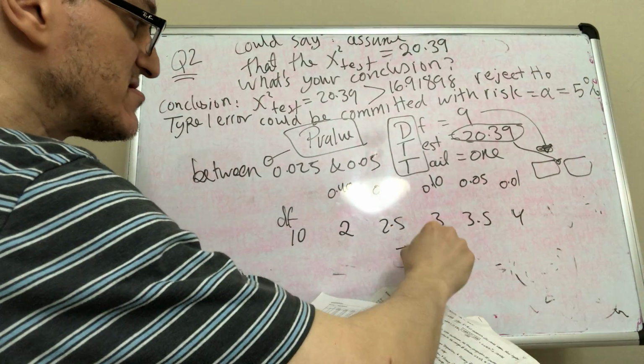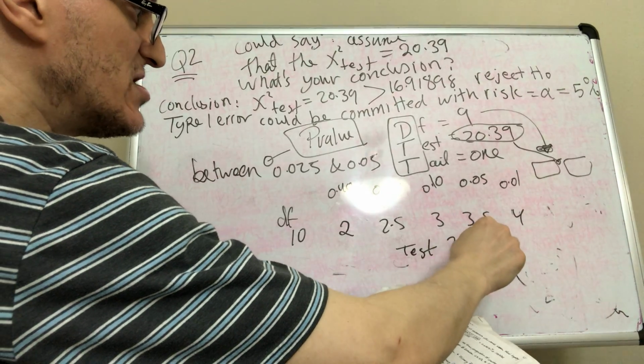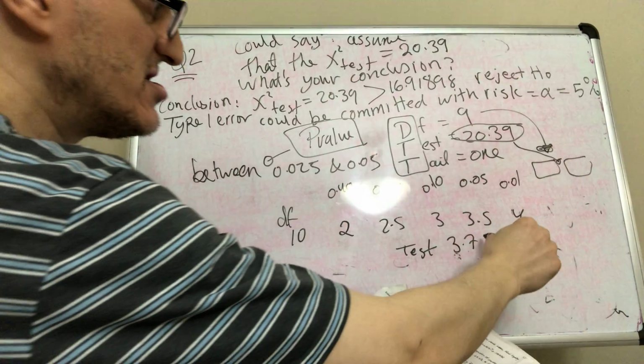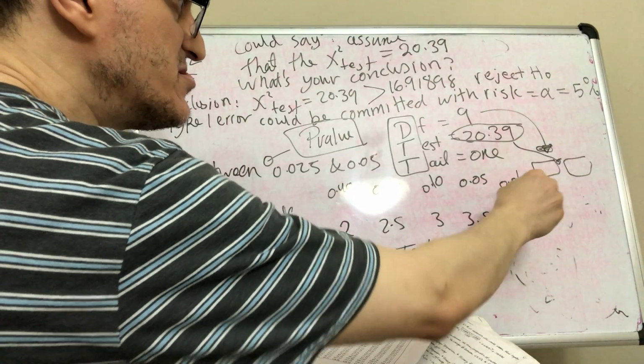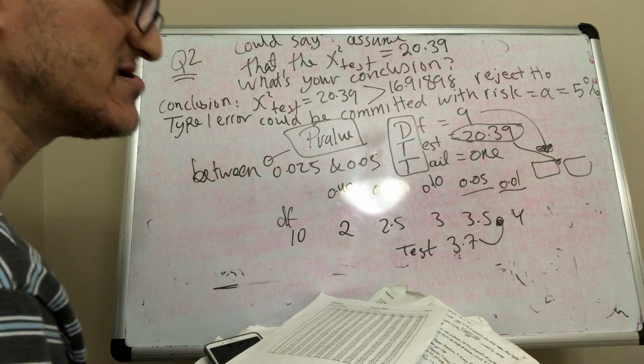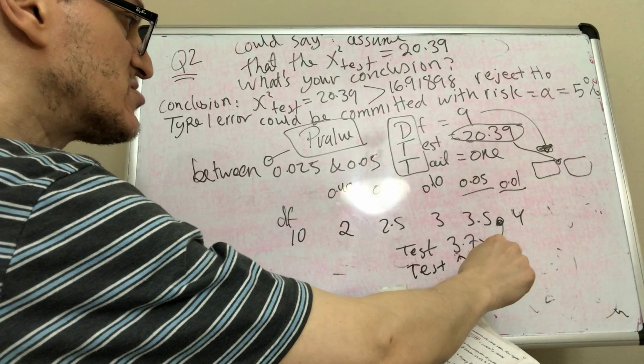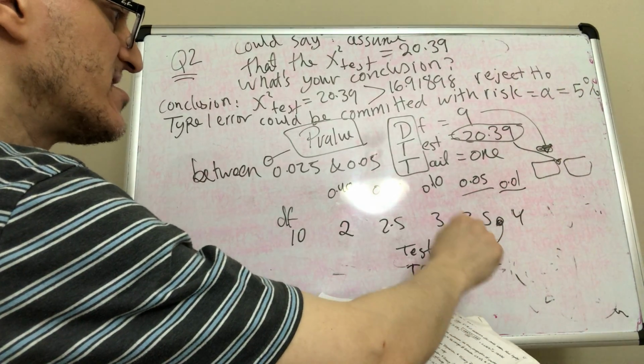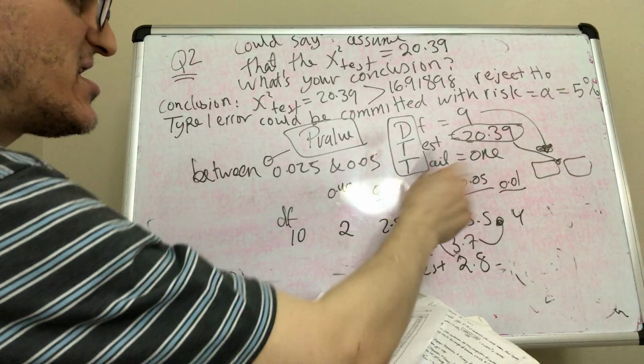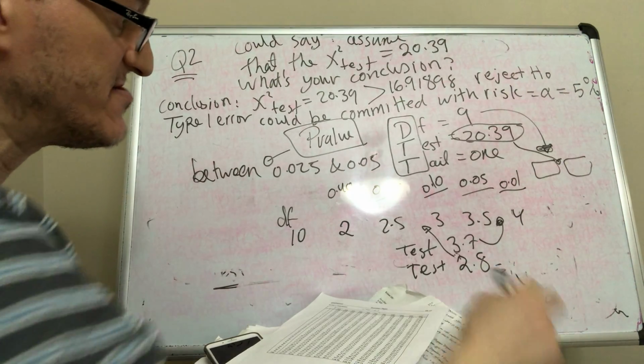If your test was 3.7, so it's here, then you say my p-value is between this and this. If your test was 2.8, here you say p-value between 10 and 20%.